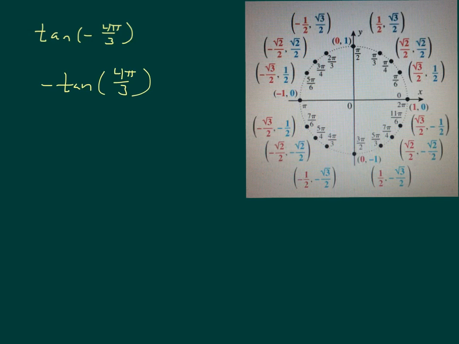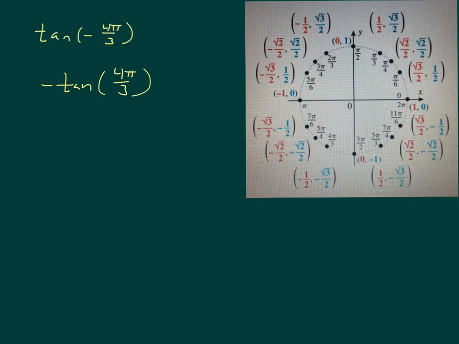And I know the tangent of 4 pi over 3 is going to be the y-coordinate over the x-coordinate. So I go to 4 pi over 3, which is here. And I know that the y-coordinate is negative square root 3 over 2. The x-coordinate is negative 1/2.